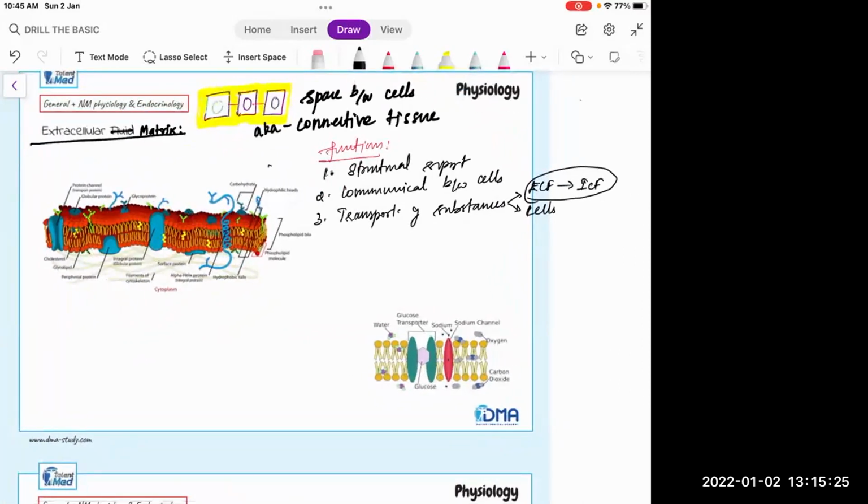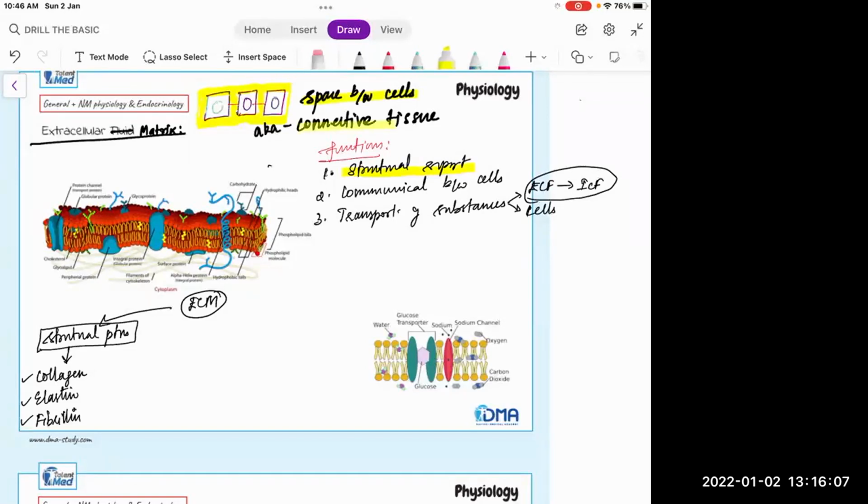So what is this extracellular matrix made up of? It is made up of structural proteins, which are collagen, elastin, and fibrillin. Collagen, elastin, and fibrillin form the structural proteins of the extracellular matrix, which give the structural support. And it also has the space between the cells.